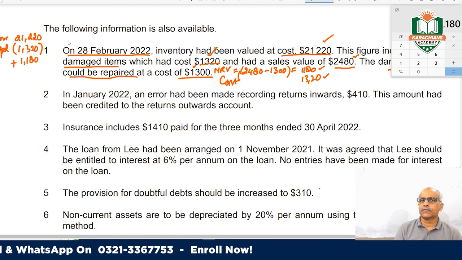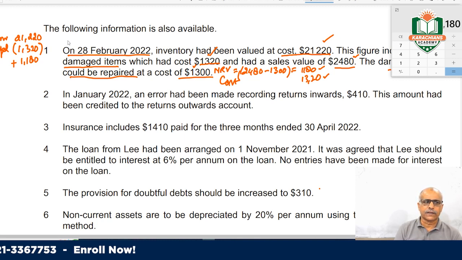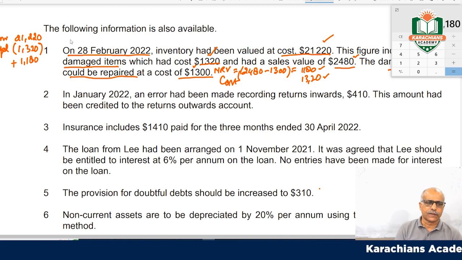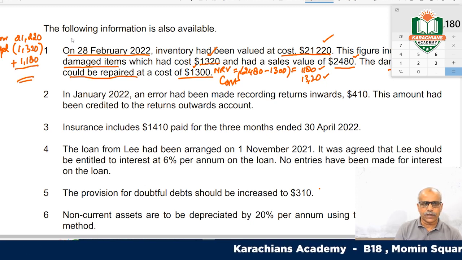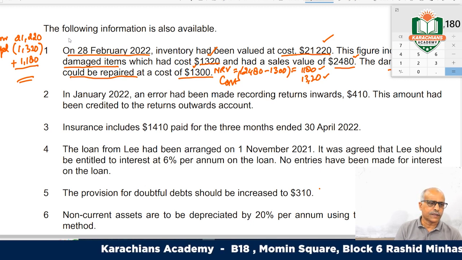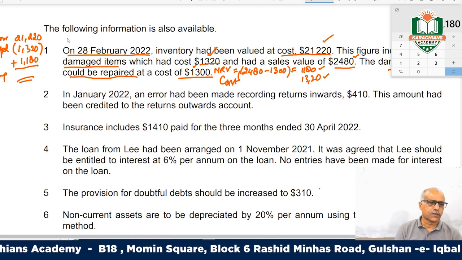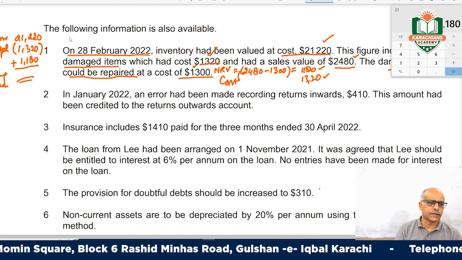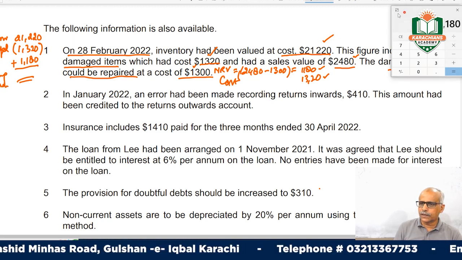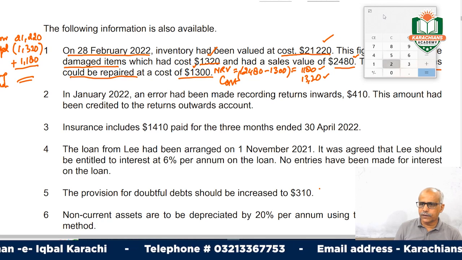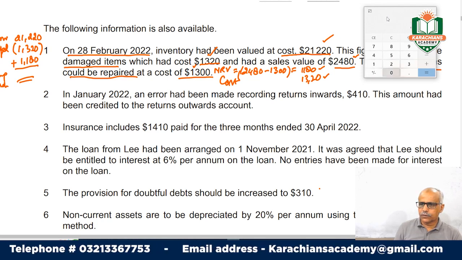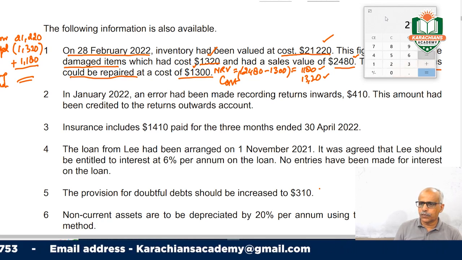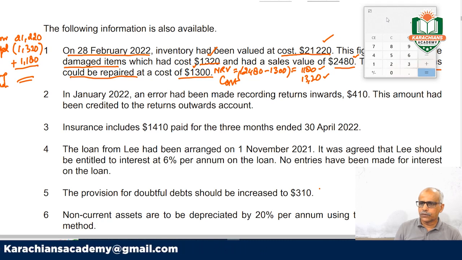We will deduct the damaged stock from the ending inventory, and we will take it at cost or NRV, whichever is lower. So now this will be your corrected closing inventory. How much does it come to? Just calculate: 21,220 minus 1320 plus 1180.